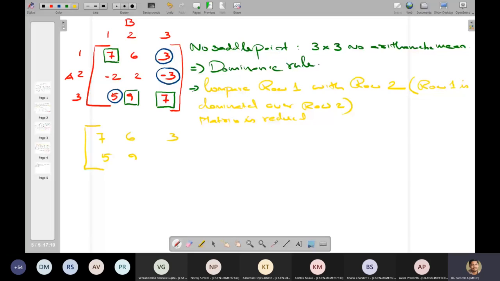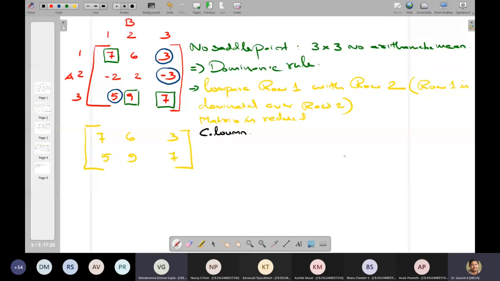Now next I need to see the columns. Between column 1 and 2, is there any dominance? No, sir. Between column 1 and 3, any dominance? No, sir.